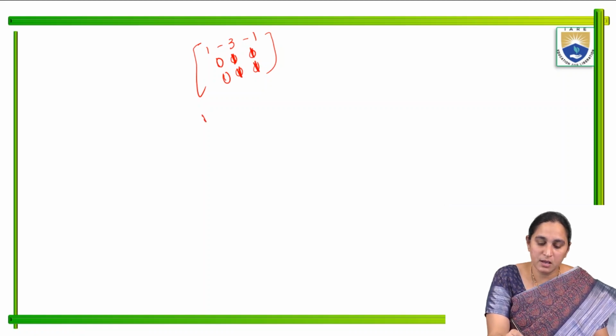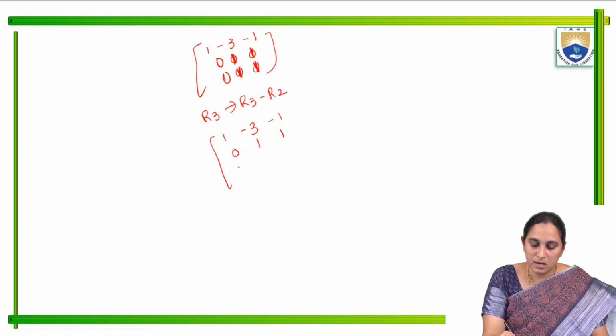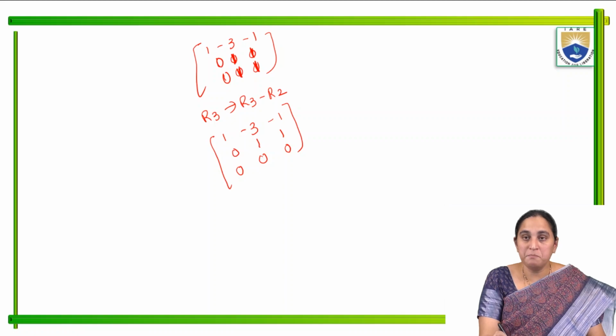Now I am using the next row operation. From that I am taking R3 tends to R3 minus R2. With respect to R2, I'll make R3 as 0, that is 0, 0, 0. Therefore, here the R3 row is completely 0.